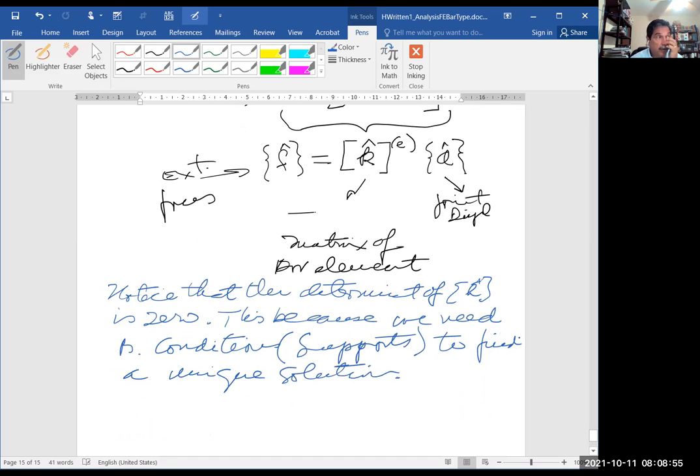Okay, so if you do not apply boundary conditions, you will never be able to solve this problem.